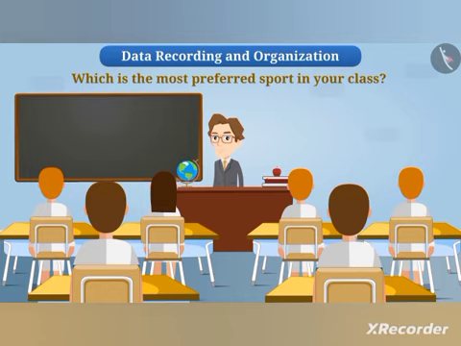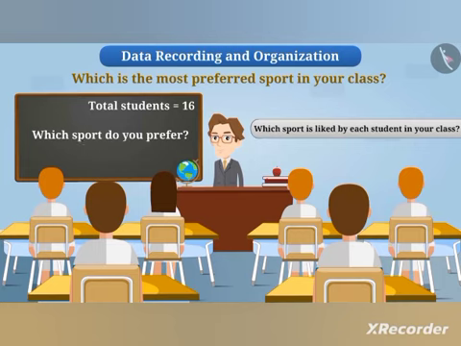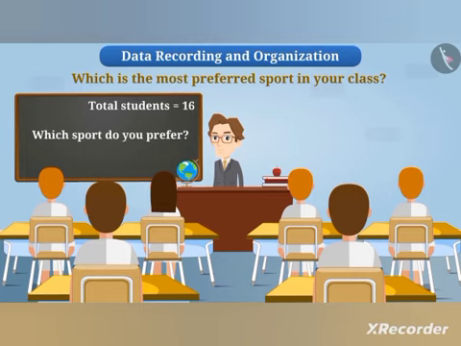For this, you have to find out which sport is liked by each student in your class. Suppose there are 16 students in your class. You can ask each student about their preferred sport. Or you can use some convenient method or device like writing their name and preferred sport on a slip.